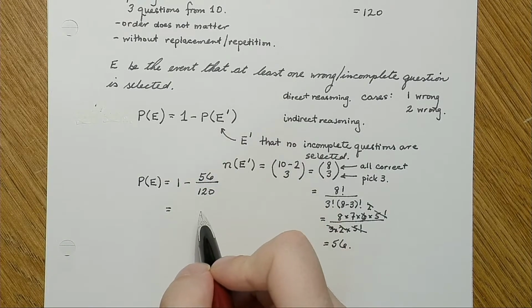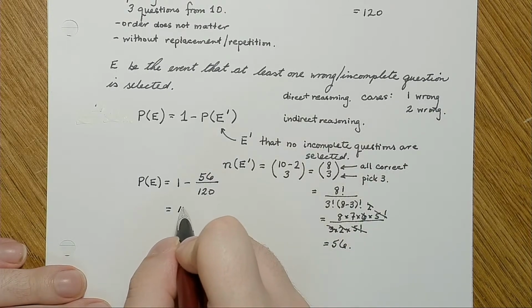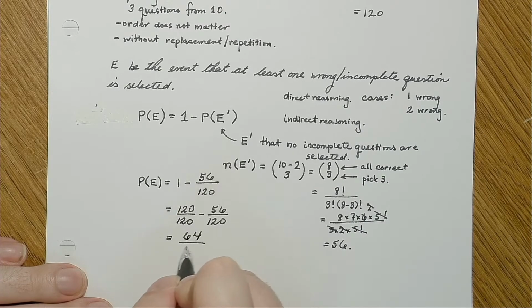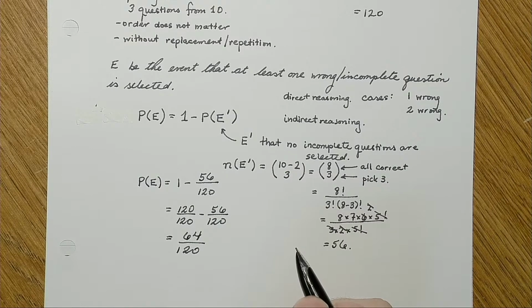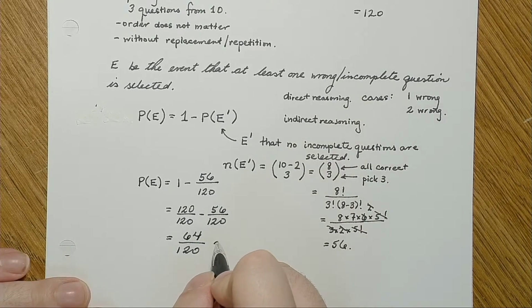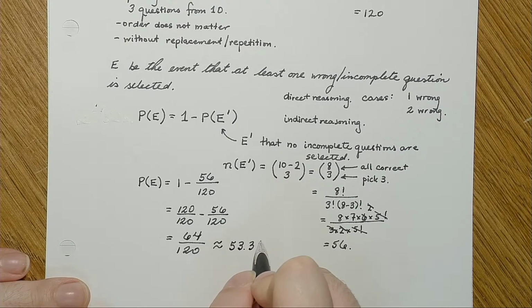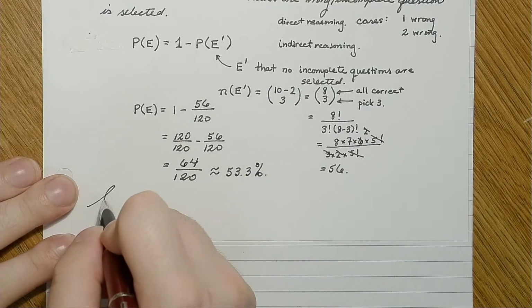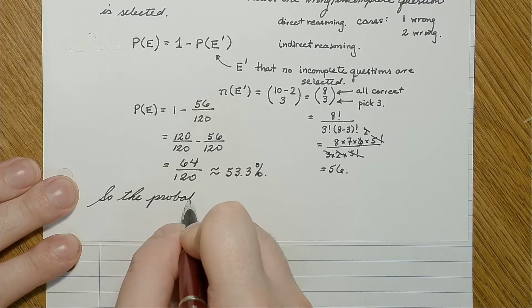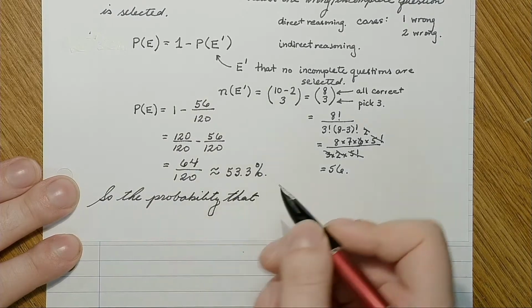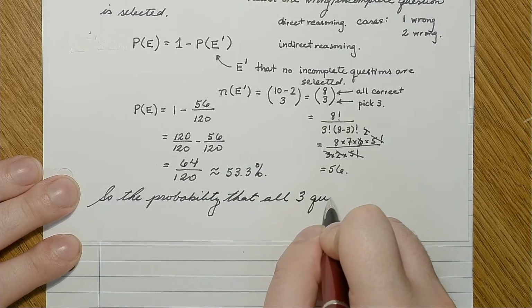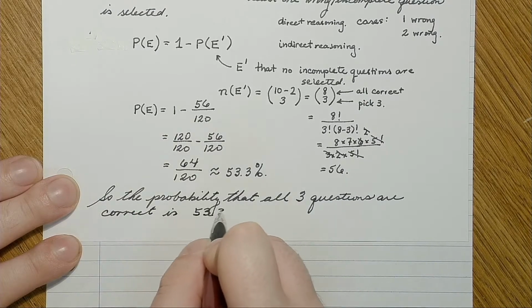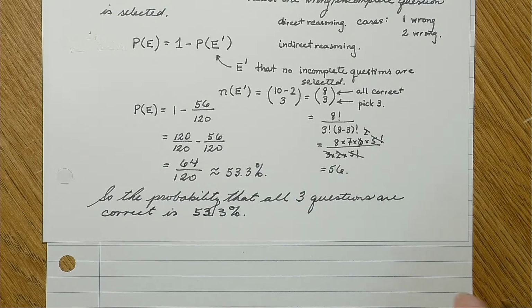And so 120 minus the 56, okay, so you can think of this as 20 over 120. 64 over 120. And so that's approximately 53.3%.